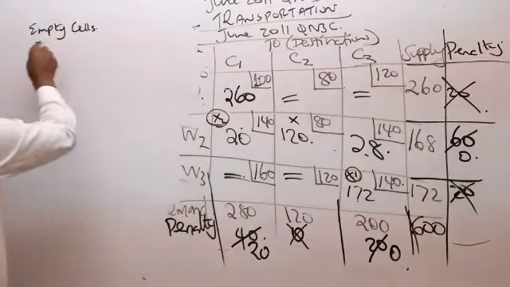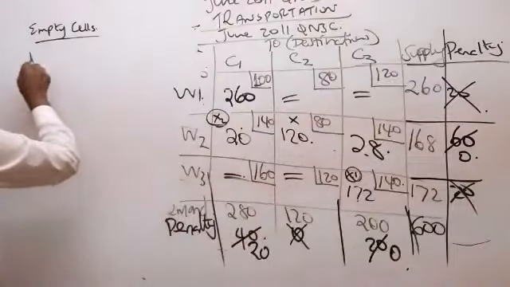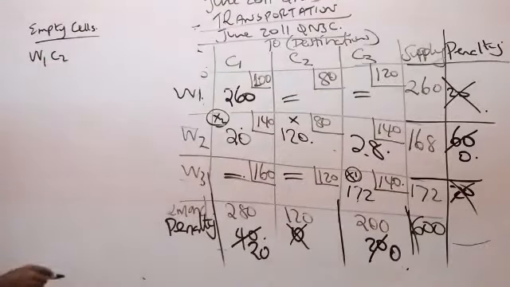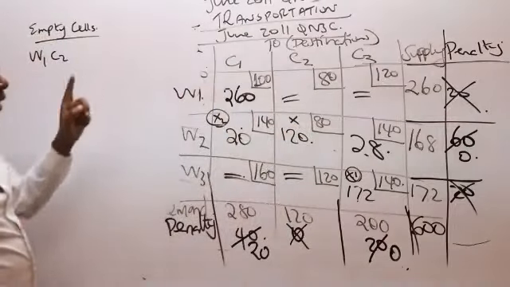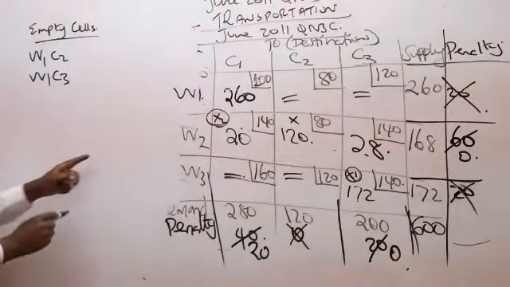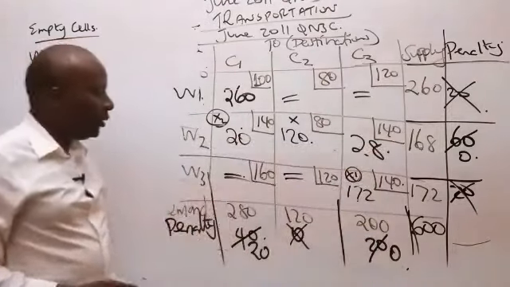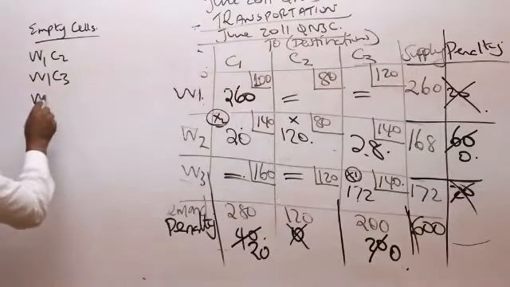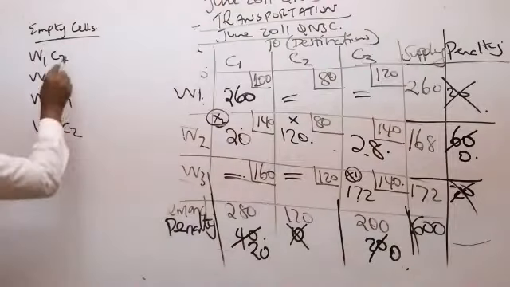In this case we have W1C1, W1C2, W1C3. W2, I can't see an empty cell there. We have W3C1 and W3C2.